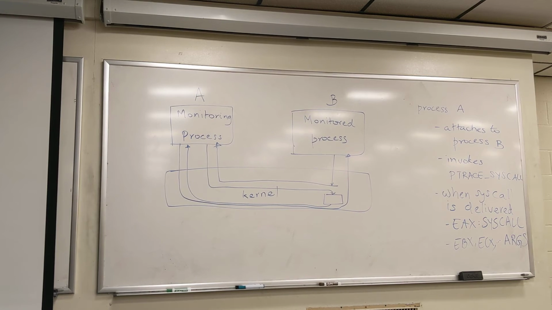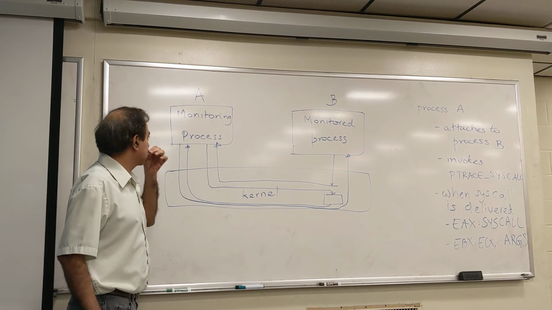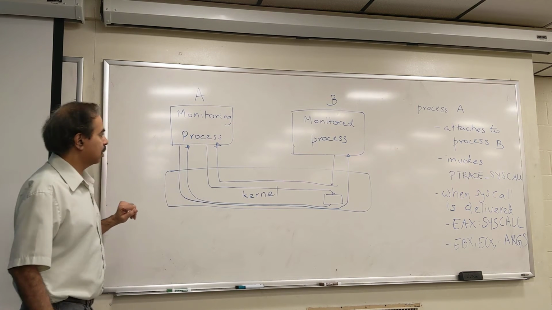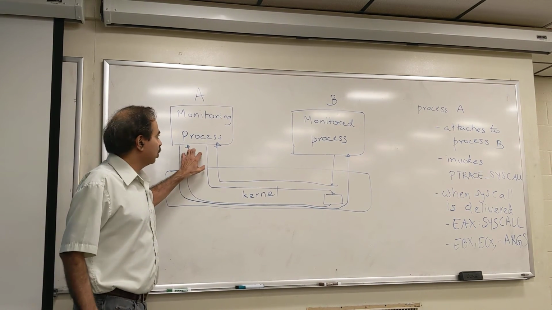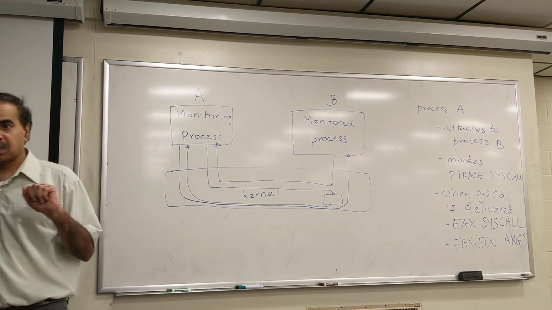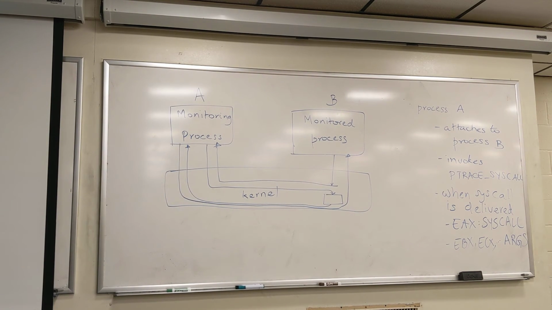And so there has been a lot of work that uses this interception feature to implement customized security checks and extensions and so on. And in your second programming assignment, you will actually explore some of the things that you can do by doing this kind of system call interception. Okay.